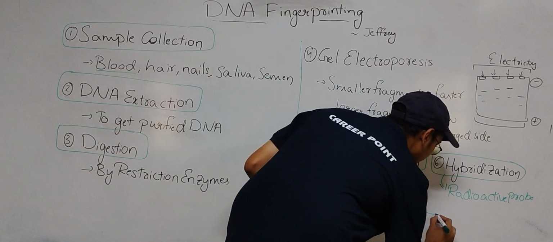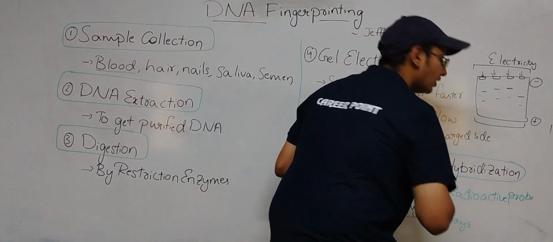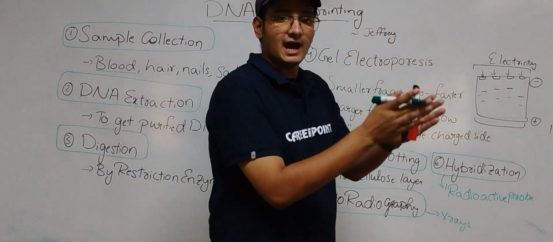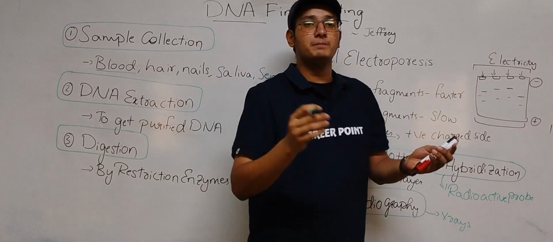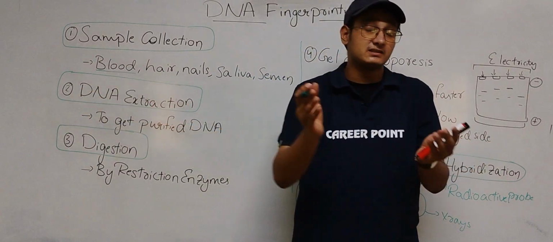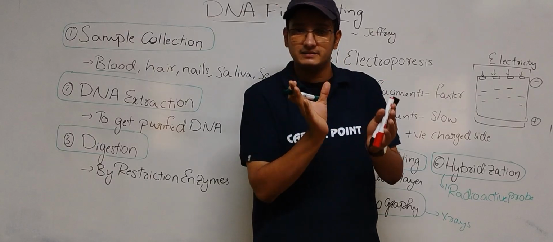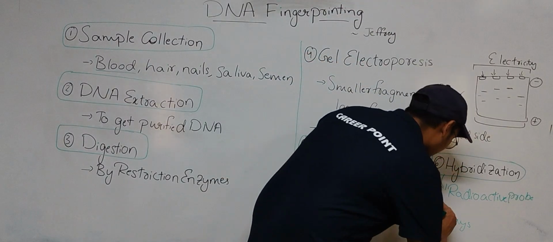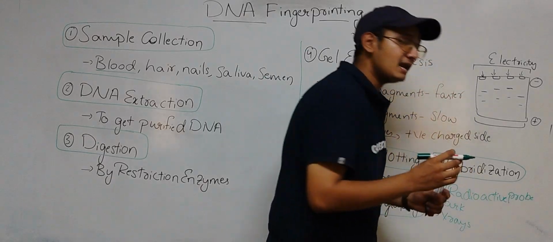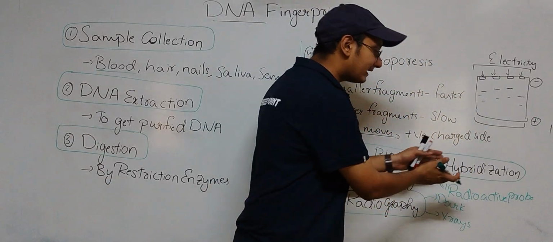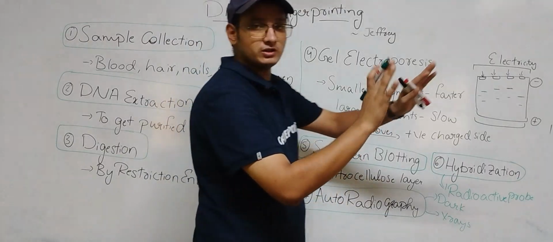Now we will get two kinds of bands, a dark band and a light band. DNA is colorless. The non-useful part is not needed; only the useful part is needed. The useful part is dark. The dark colored bands are because of the radioactive probe. So this is the process, and now we got the bands.